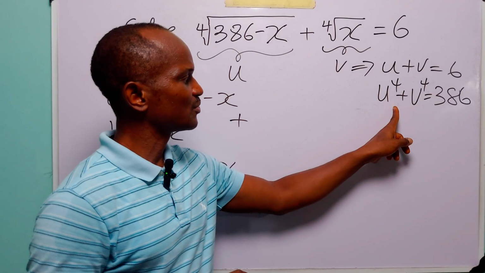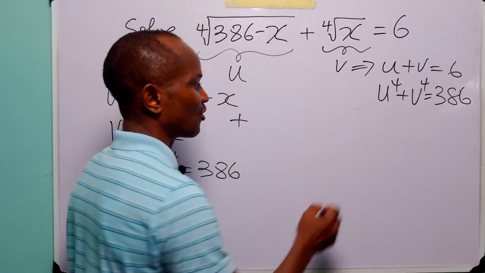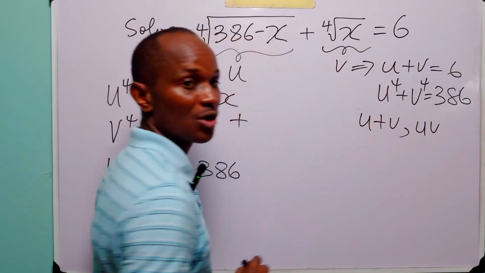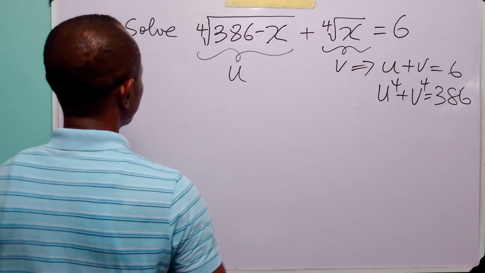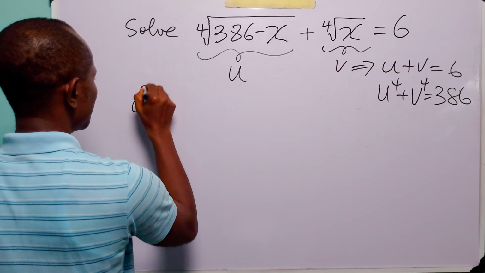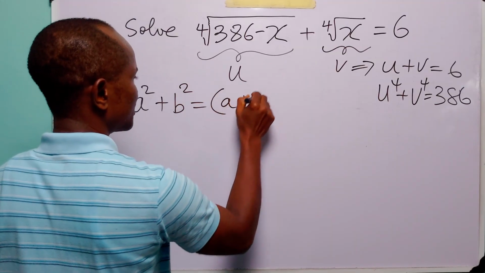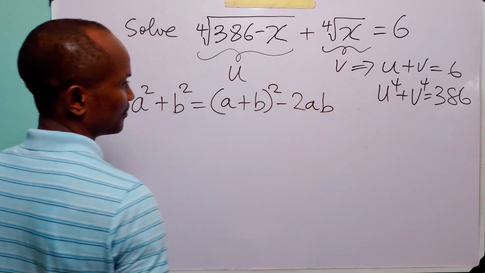But to solve these two equations, we must find a way to write this second equation in terms of u plus v and uv. Now let us recall the algebraic identity. A squared plus b squared is equal to a plus b squared minus 2ab.